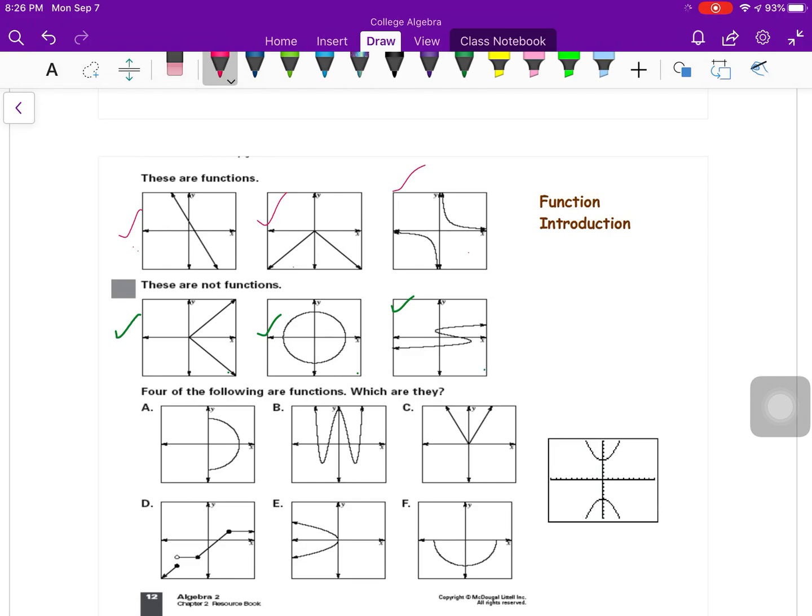If we draw a vertical line through any of these graphs that are functions, it simply touches the graph at one point. But if we draw a vertical line through these graphs that are not functions, it touches at more than 1 point. This one at 2 points. This one at 2 points. This one at 1, 2, 3 points.